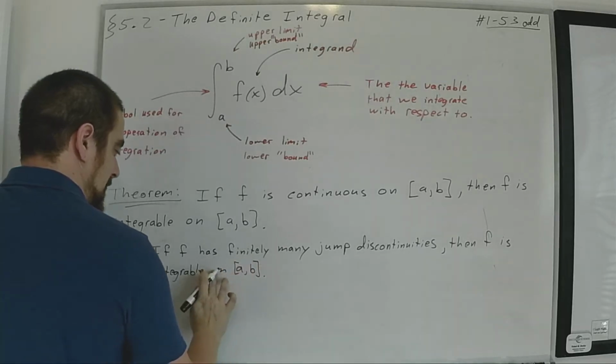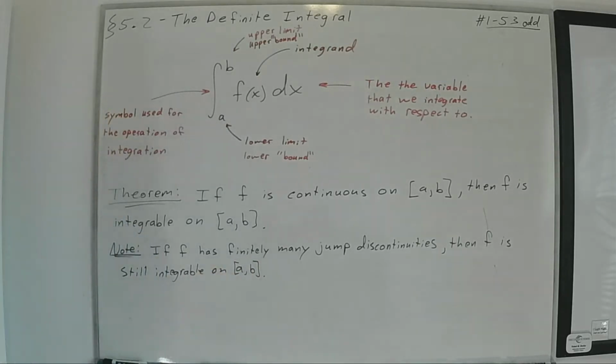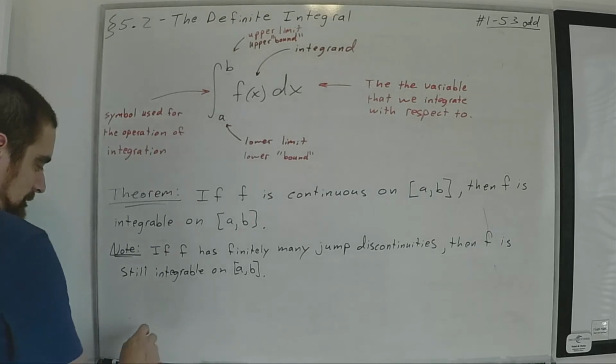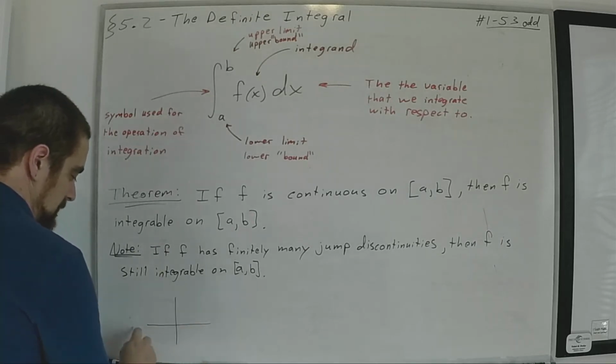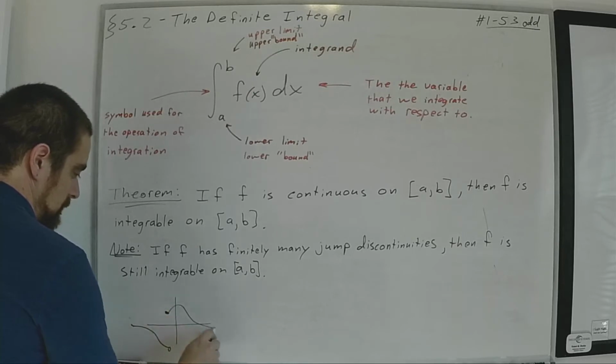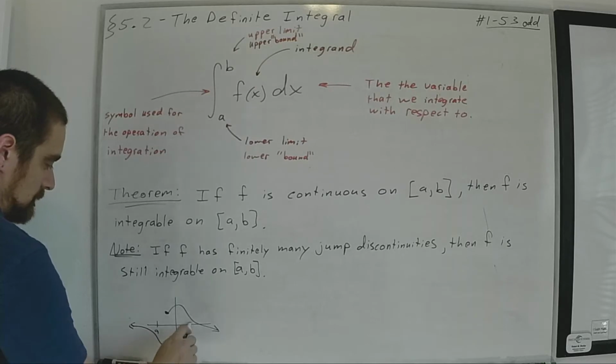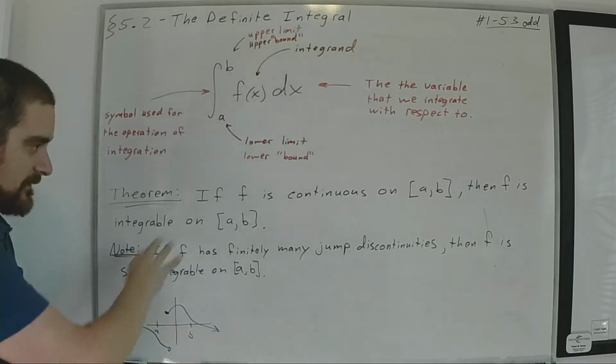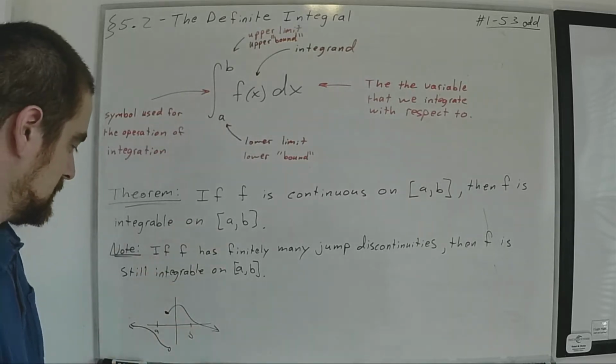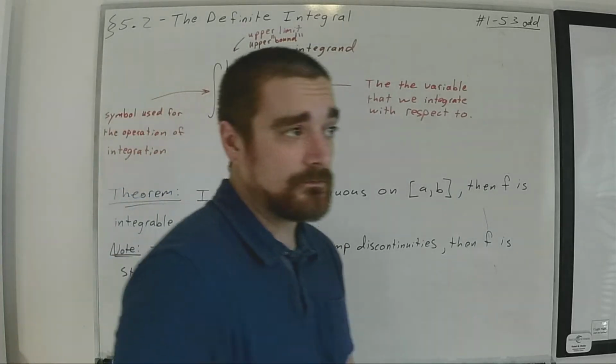All right, so even if it has some discontinuities, we can actually still integrate it. And again, those jump discontinuities means if I have a function that goes like this, and then jumps up here and goes like this, and my goal is to integrate it from a to b, it does not affect my integration. I can actually still do the integration, which is actually really, really powerful stuff.